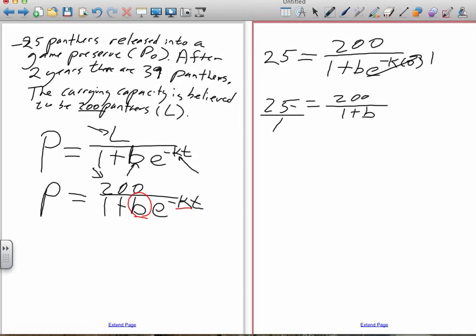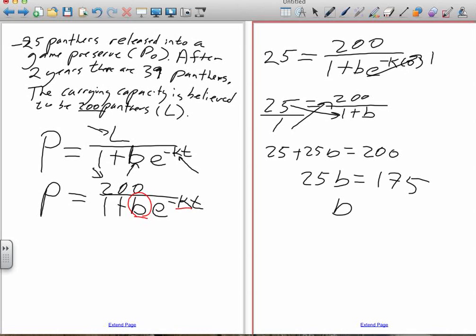Now I cross multiply. So I'm going to have 25 plus 25B equals 200. Subtract 25, 25B is 175, and then divide by 25, B is 7. Okay, so we got our B now, and we've used that point right there.